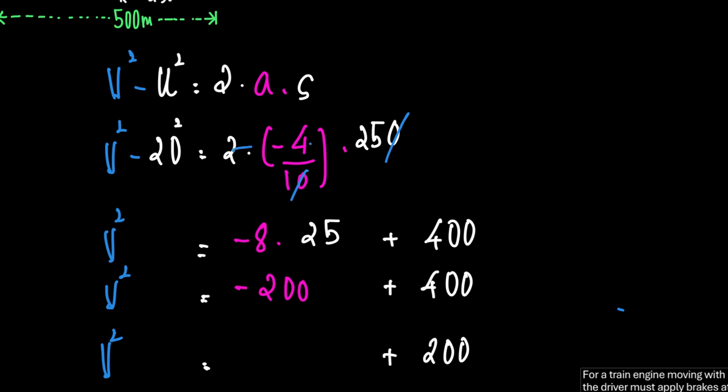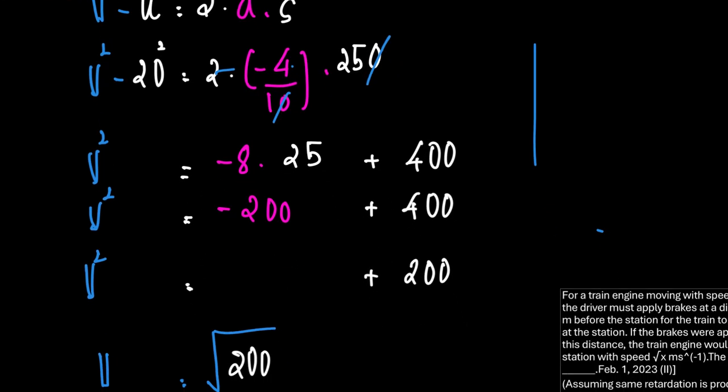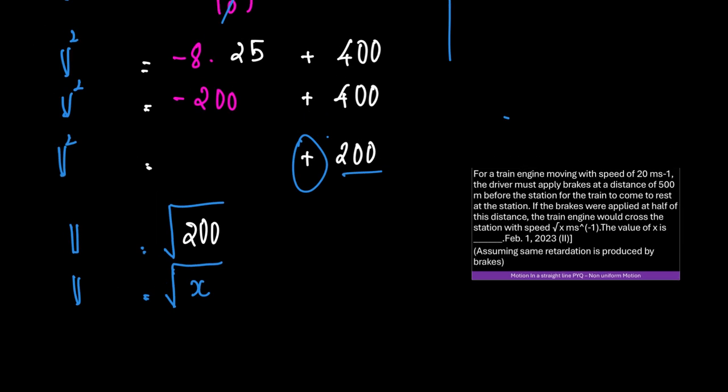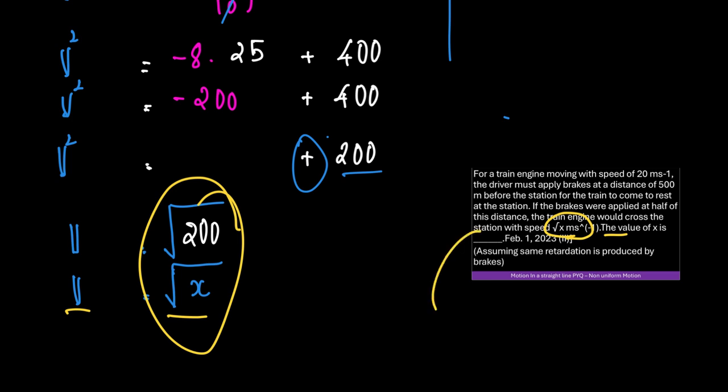I'll transpose 20 square, which is 400, to the RHS, so that v square is equal to 400 minus 200, which is equal to plus 200, and therefore v is equal to root of 200. It is given to us in the question that the final velocity would be root x meter per second. So if v is equal to root x, then by comparing these two, we have that the final value of x would be equal to 200.